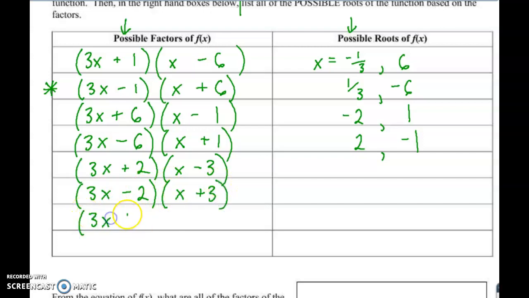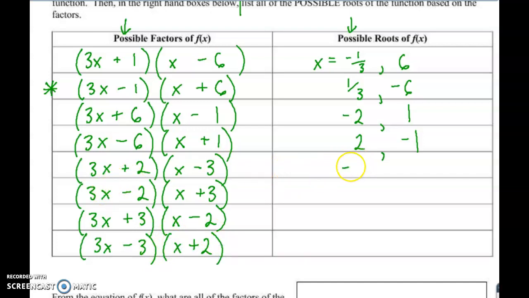Or I could have had the 3 over here and the 2 over here, but same idea: the 3 could have been negative and the 2 could have been positive. So the possible roots would have been negative 2/3, positive 3, positive 2/3, negative 3, negative 1, positive 2, positive 1, negative 2.